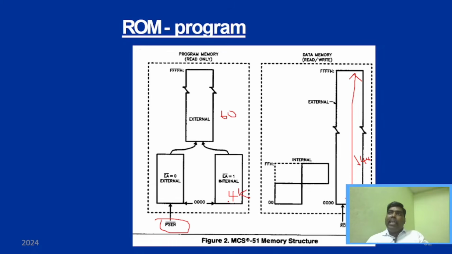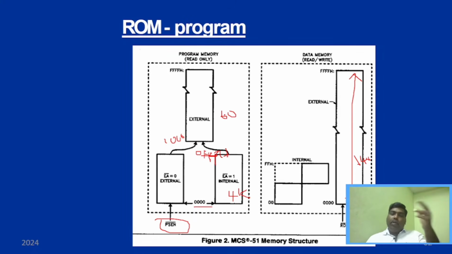The internal ROM ranges from 0000H to this particular 4 KB location, that is, here it ends at 0FFFH, and it can also be extended from the external memory, which is 4 kilobytes plus 60 kilobytes. And this is for internal.